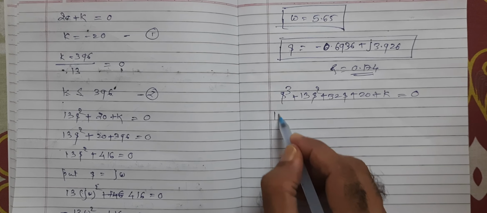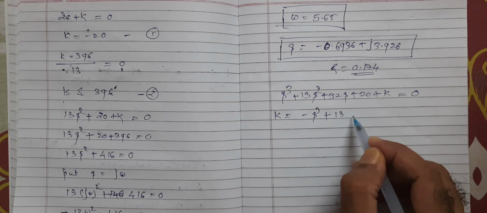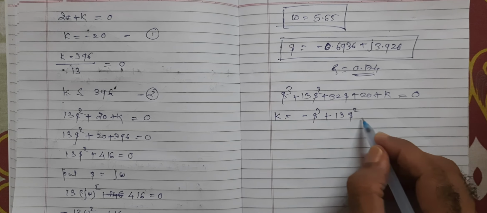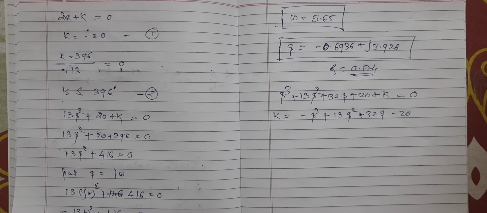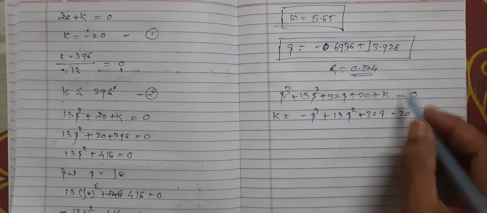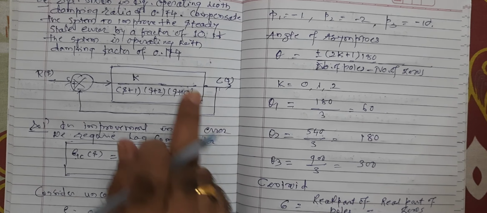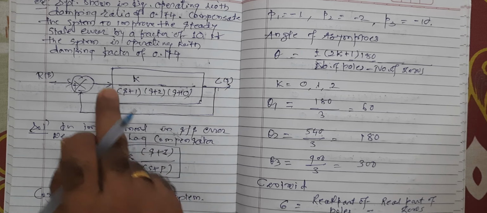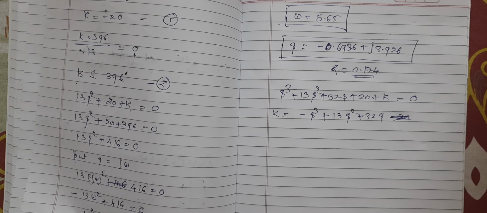So k equals minus s cube plus 13s square plus 32s plus 20. This is the uncompensated characteristic equation, so sorry, we have to take only this equation, so this 20 will not be there.